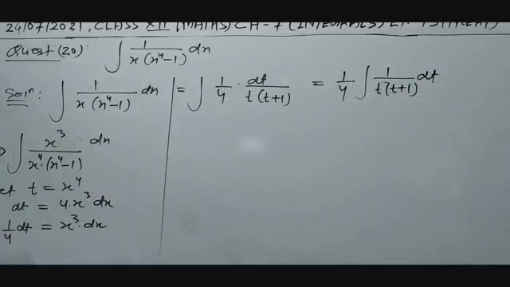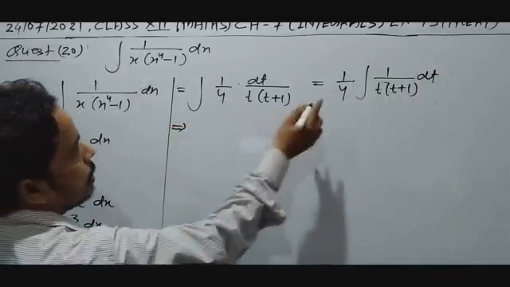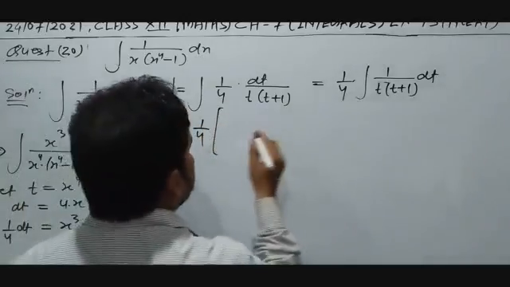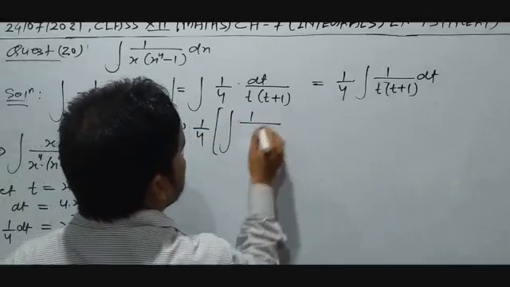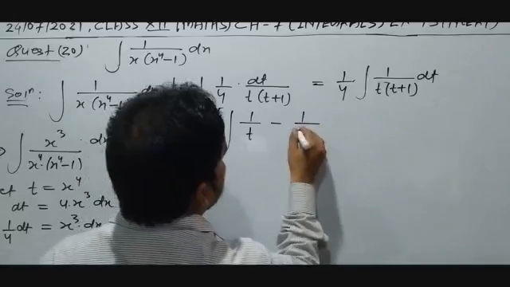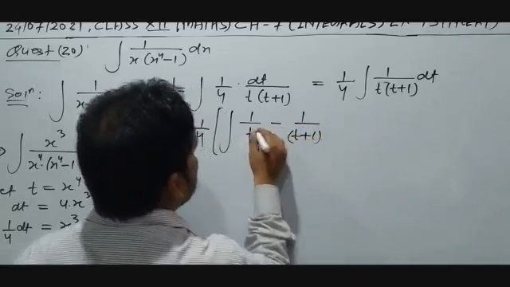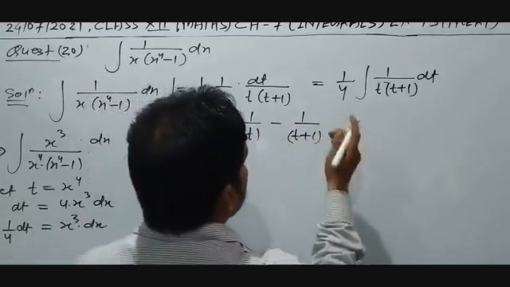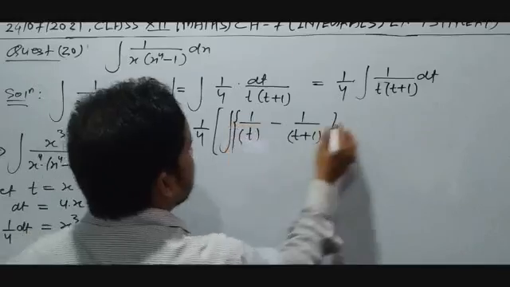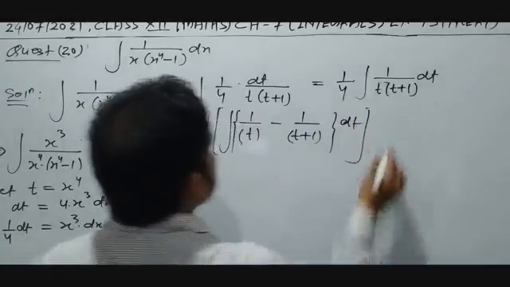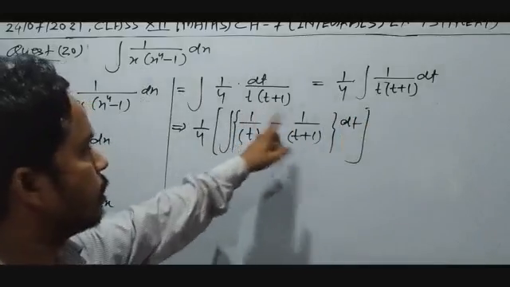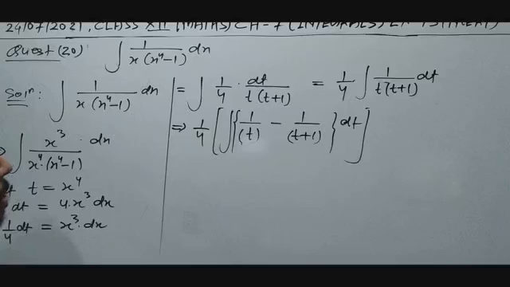This is the simple integration. This integration part we can write as 1 upon t minus 1 upon t plus 1. By using the partial fraction method you can split it and you will get the same result. After calculation, t plus 1 minus t, the t will cancel out, and the result will be plus 1.